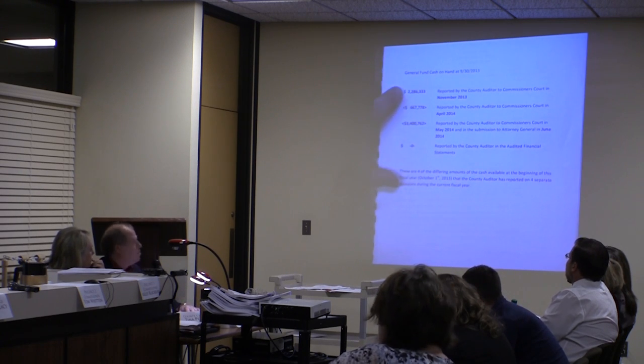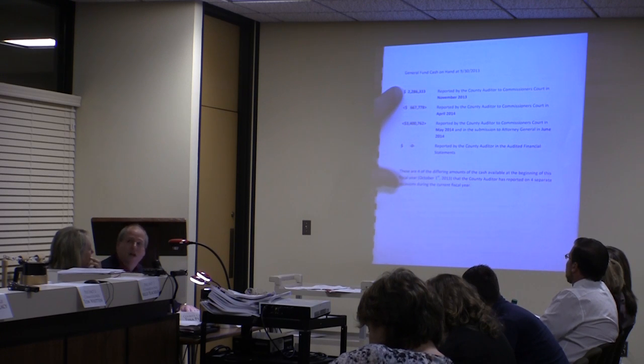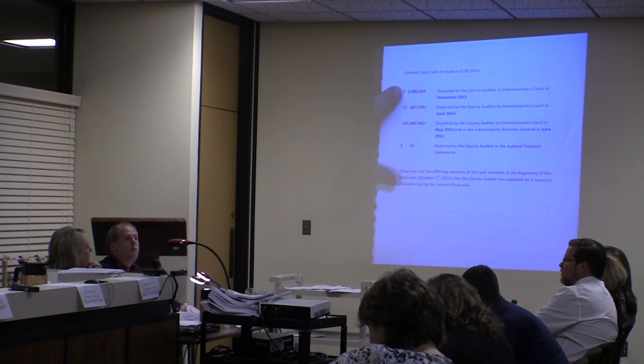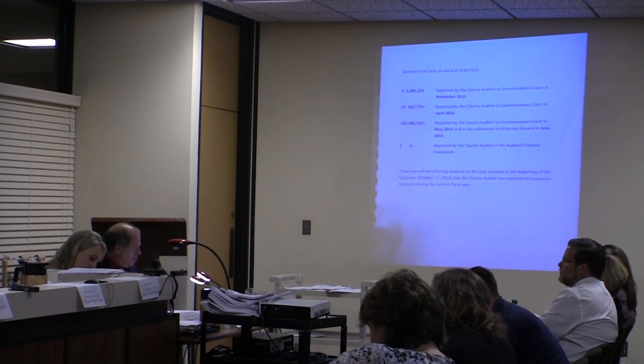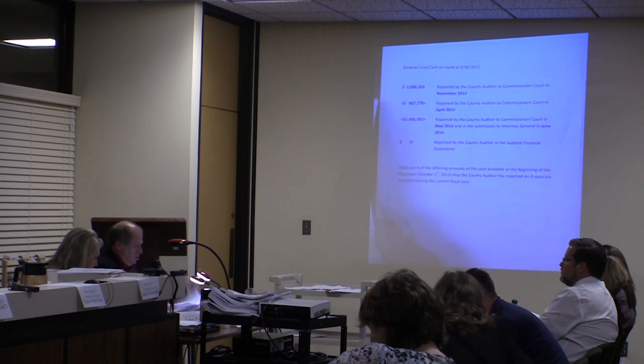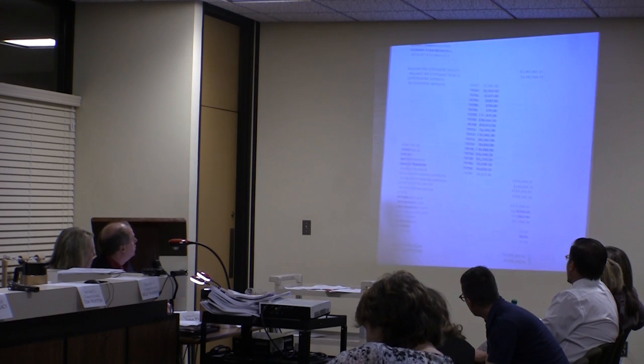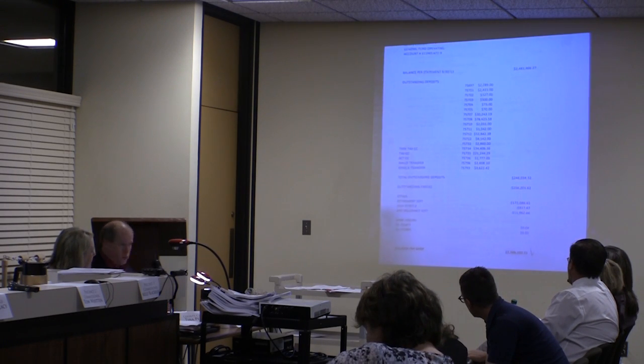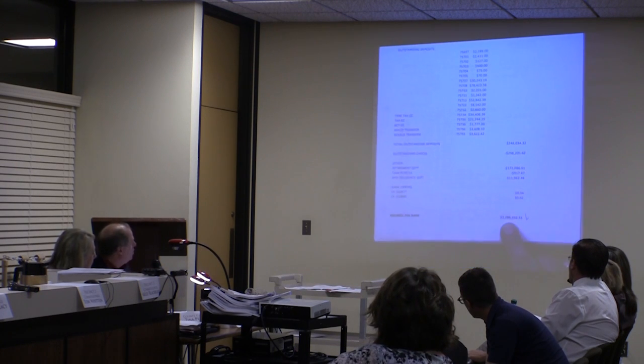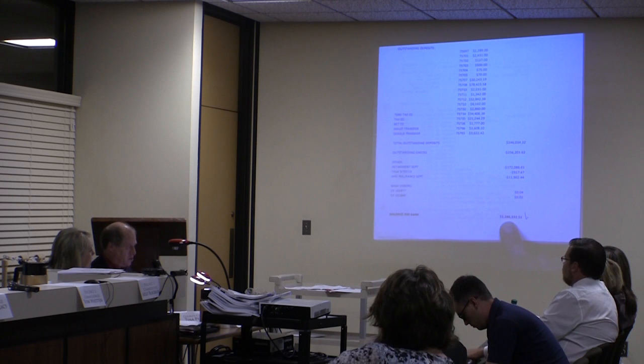Number 1, 2,286,833 is the book balance of the operating bank account. And so this is the bank reconciliation like the one that Robert was talking about. Here is the number at the very bottom, 2,286.